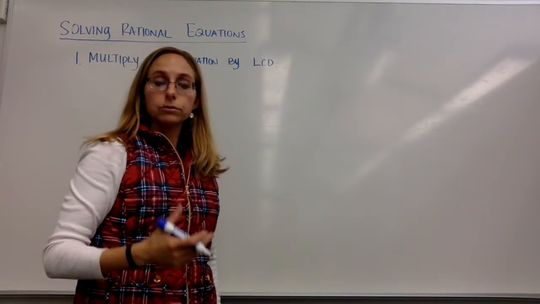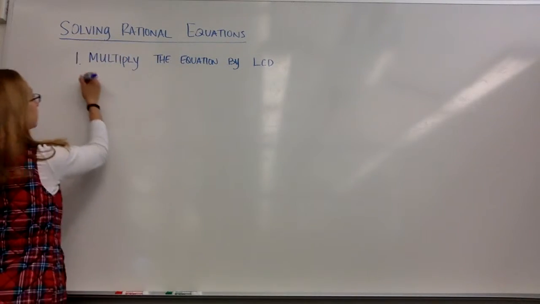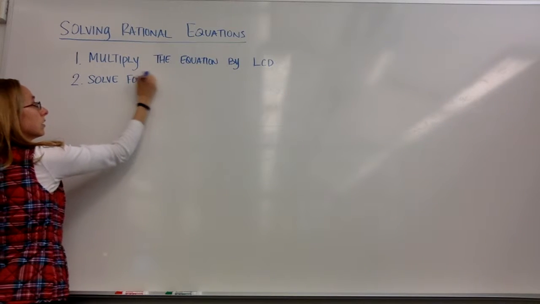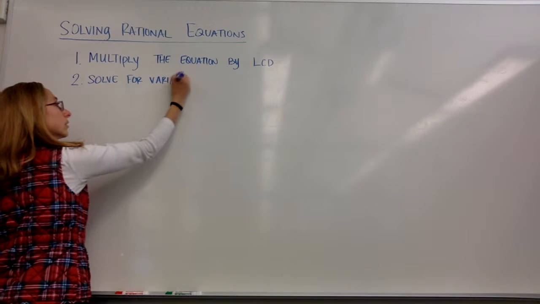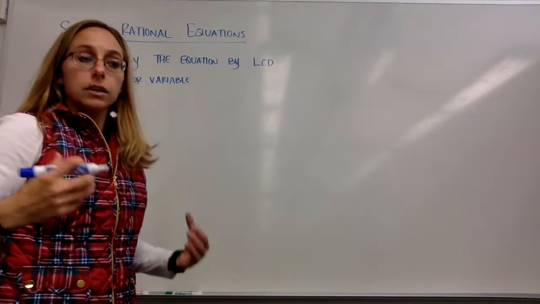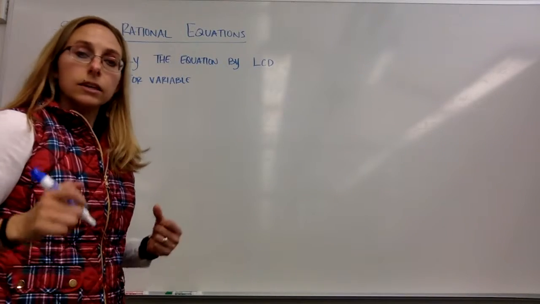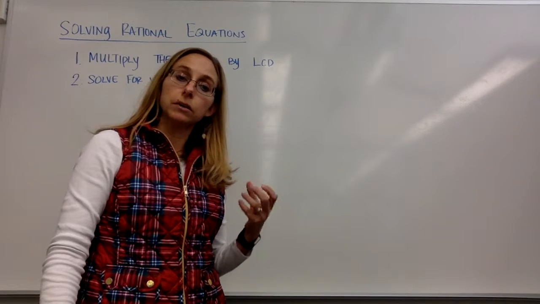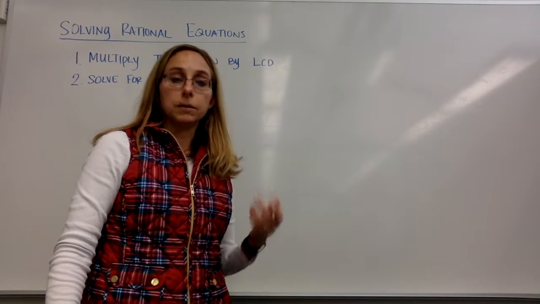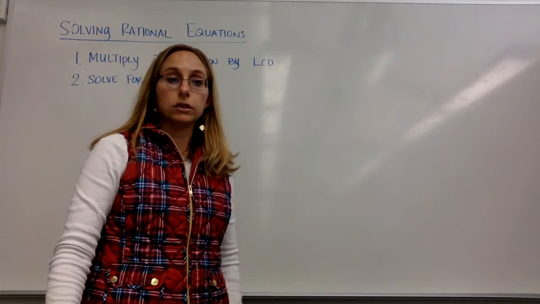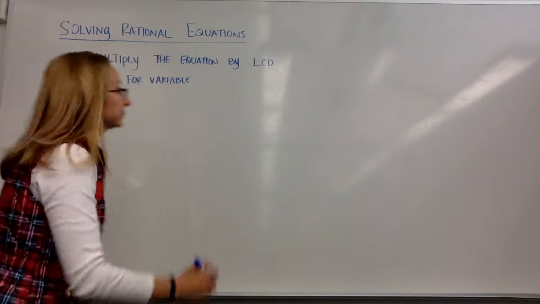Next, you want to solve for the unknown variable. The third step is to check your answer, because in rational equations, if you get a solution that makes your denominator 0, then it becomes undefined, and you can't have that. So you have an excluded solution, and therefore you always want to check your answer.